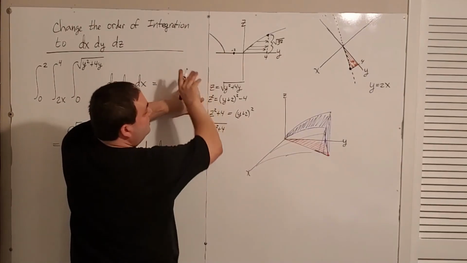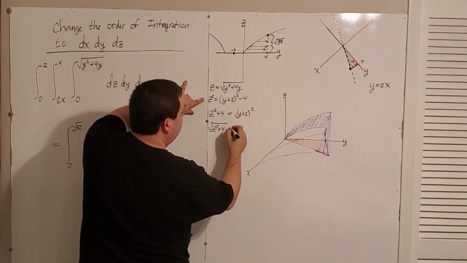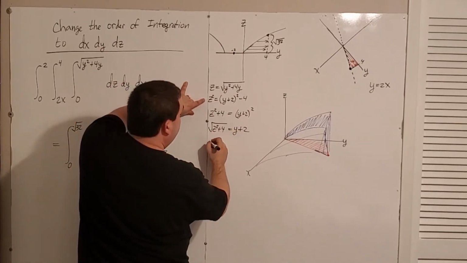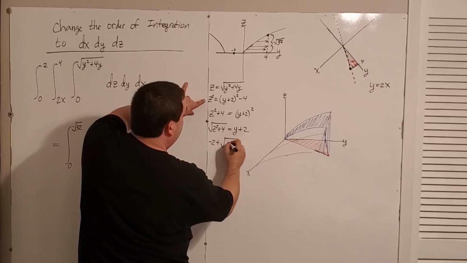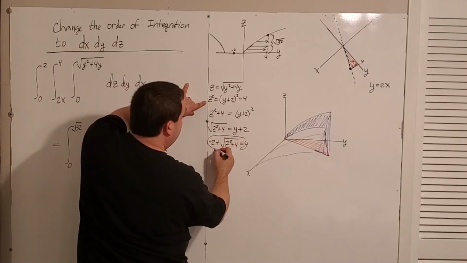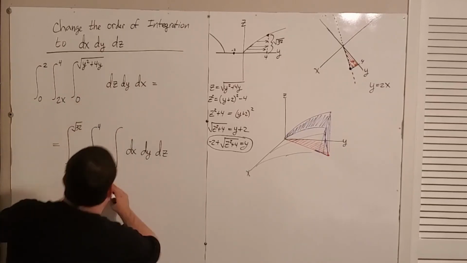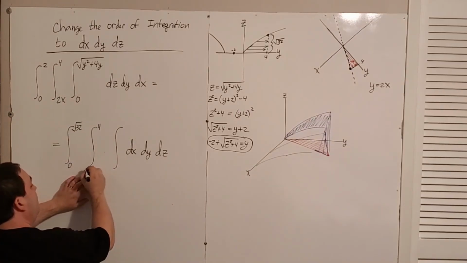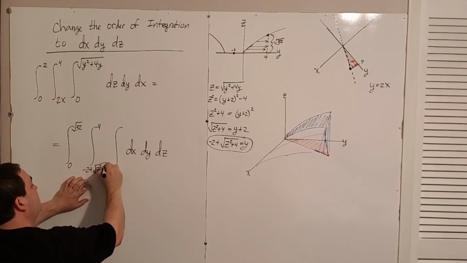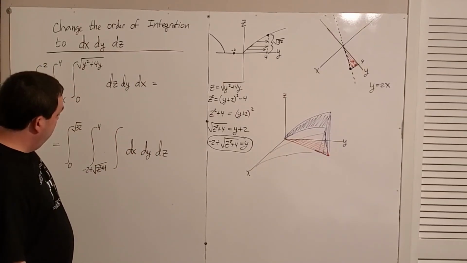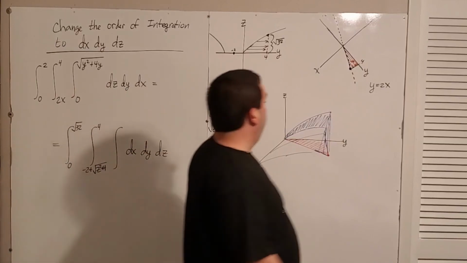And remember, I'm going to keep the positive because we're on that side. And then I have my minus 2. So I'm going from that curve outward there. So then that's my piece that I need to put here: negative 2 plus square root z squared plus 4, up to 4.